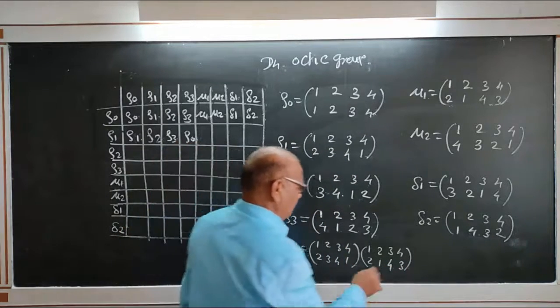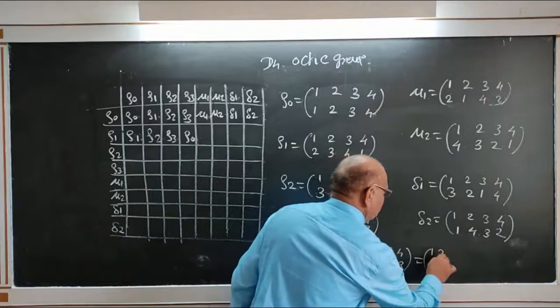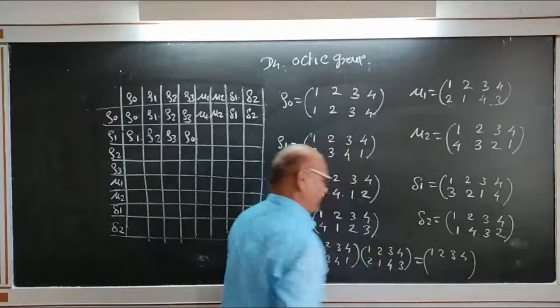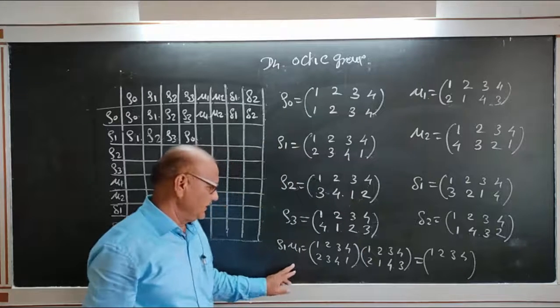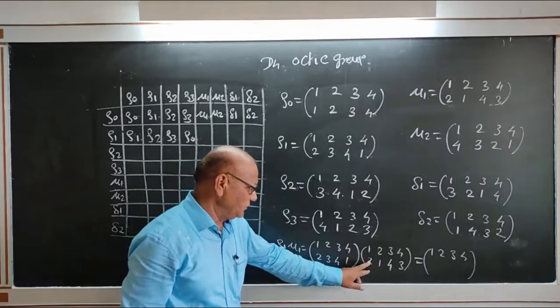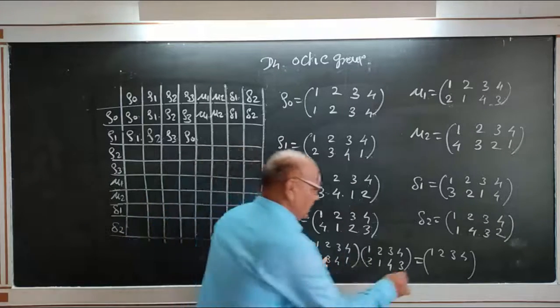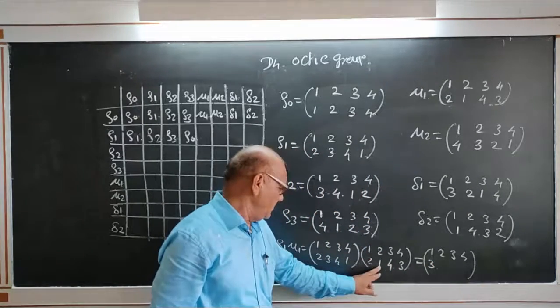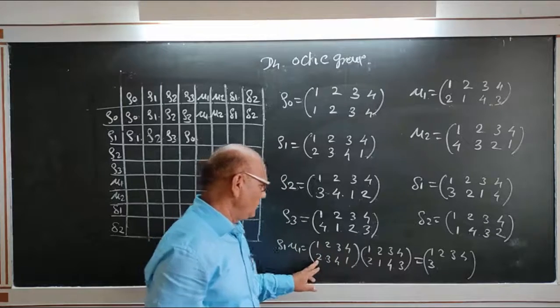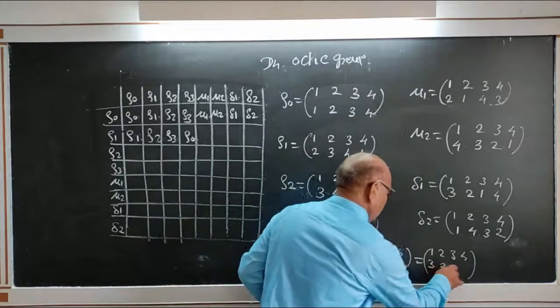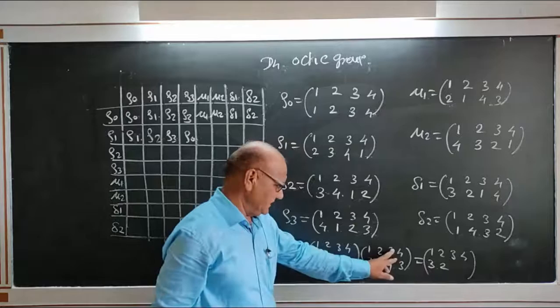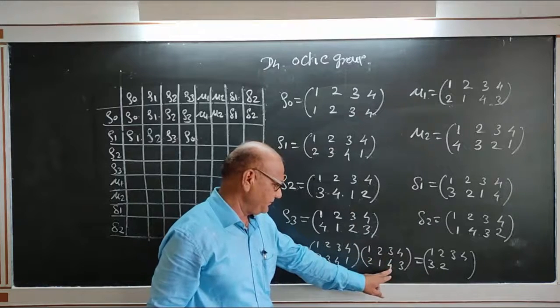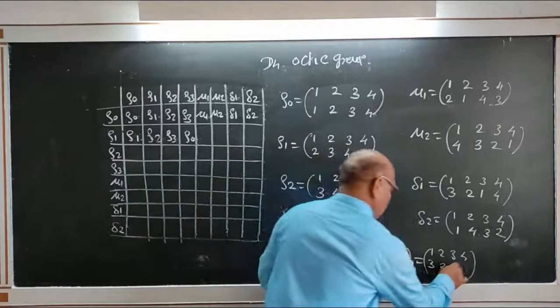And here the product: 1, 2, 3, 4. See here 1 goes to 2, then 2 goes to 3. Here 2 goes to 1, then 1 goes to 2. 3 goes to 4, 4 goes to 1.